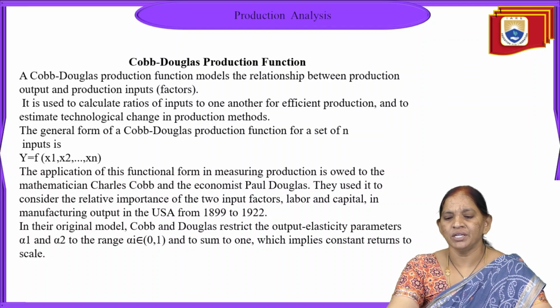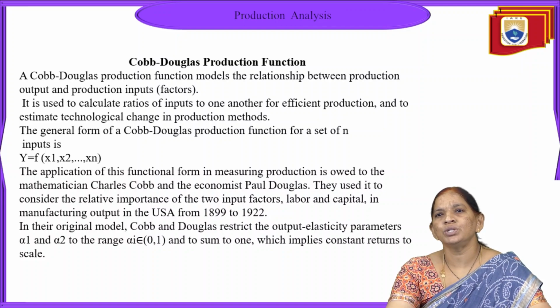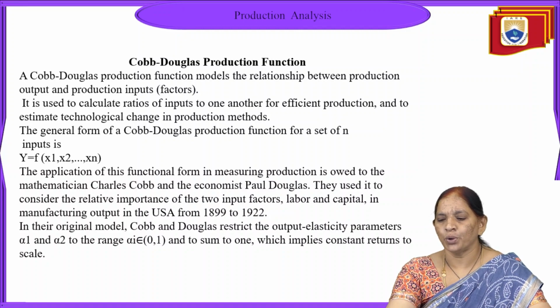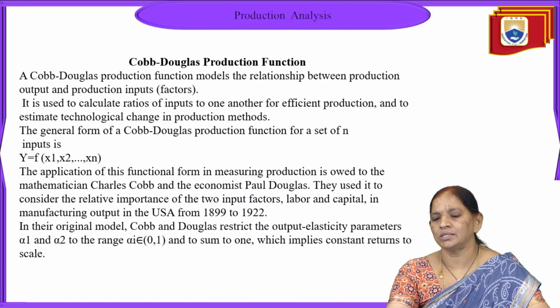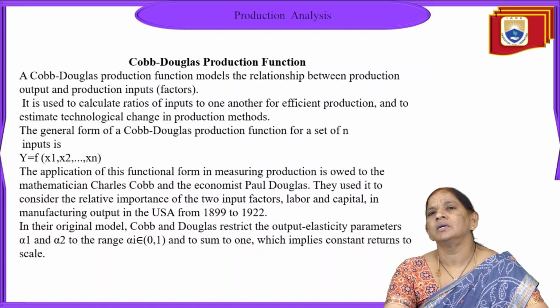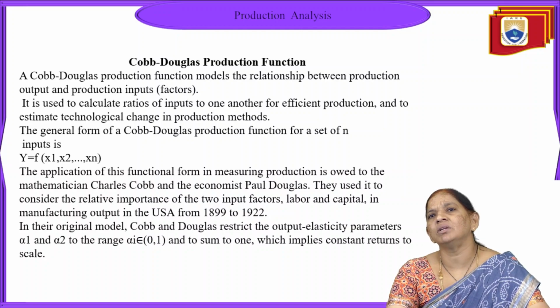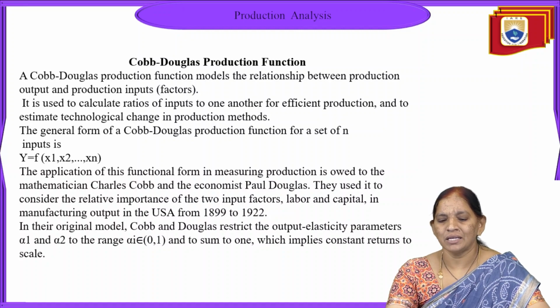So this application is a functional form which we can measure in production, which owes to the mathematician Charles Cobb and the economist Paul Douglas. This production function we named Cobb-Douglas.